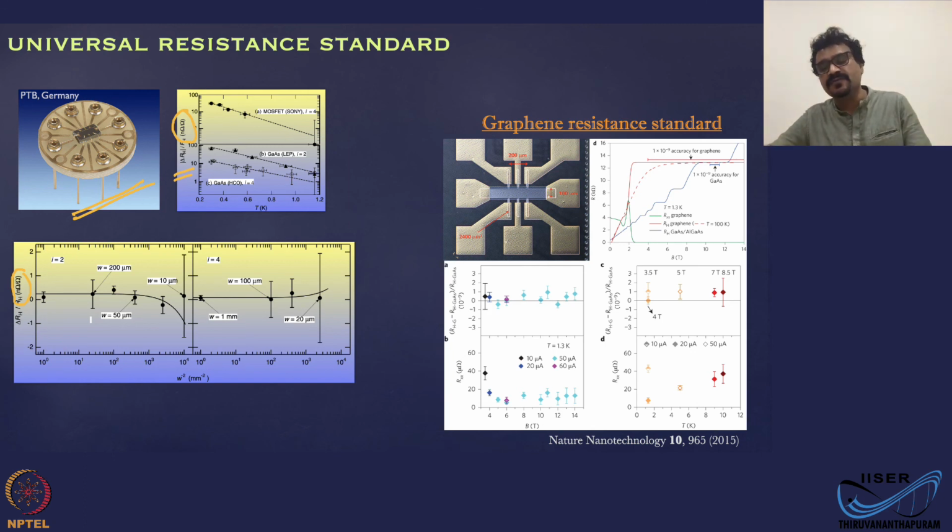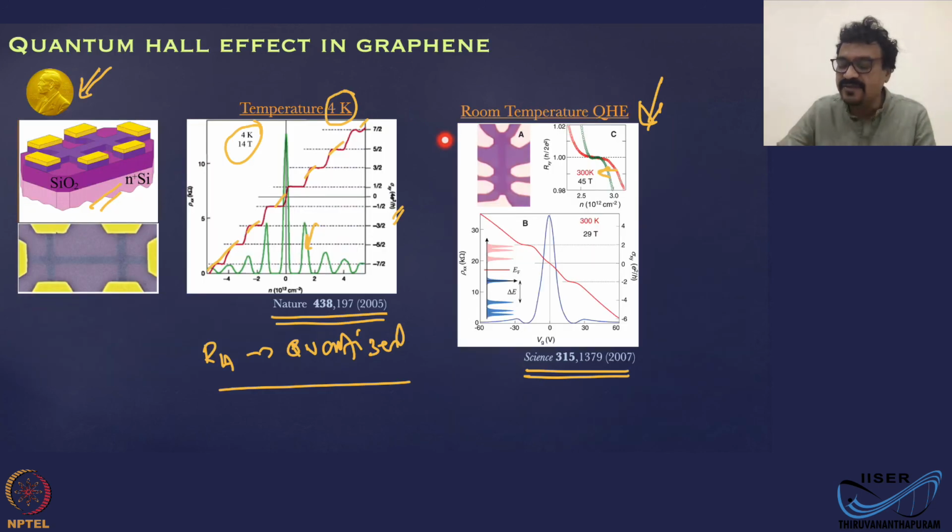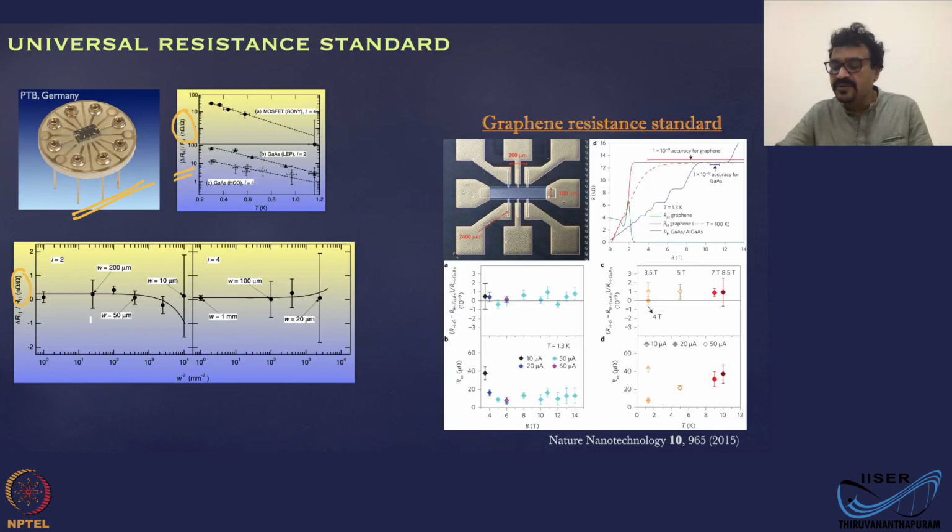For metrology purposes. And recently, because of the ease of doing this experiment in graphene and the possibility of doing it at higher temperature, because you have seen that in graphene you can even see this effect at room temperature, you don't need really high-end cryogenic equipment to make this resistance standard. So labs have started looking into fabricating graphene-based resistance standards.